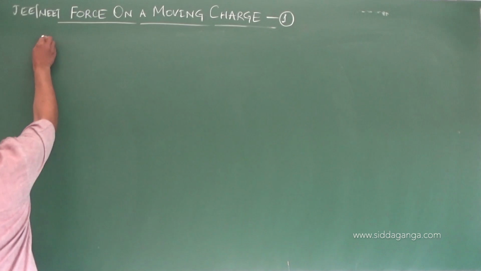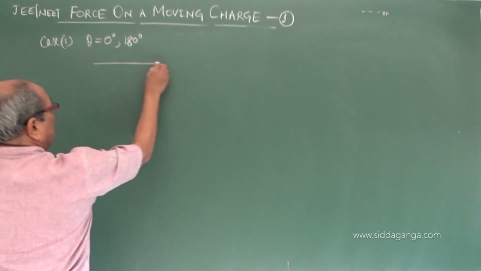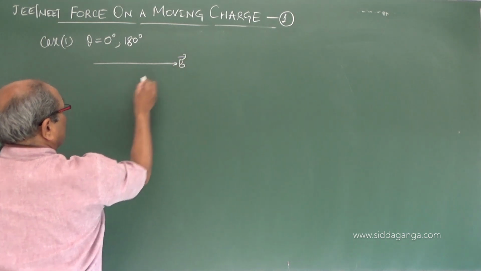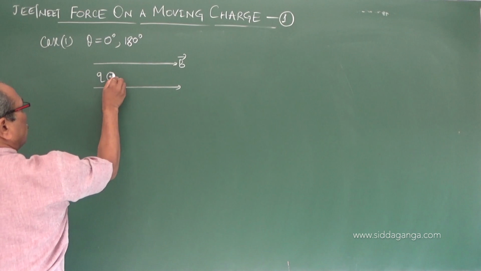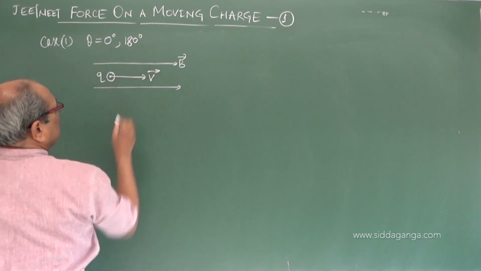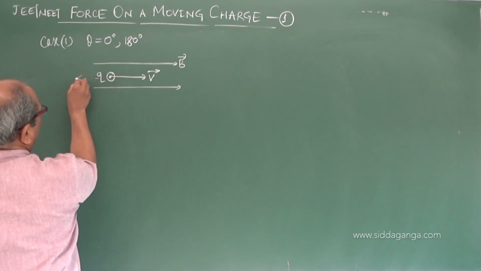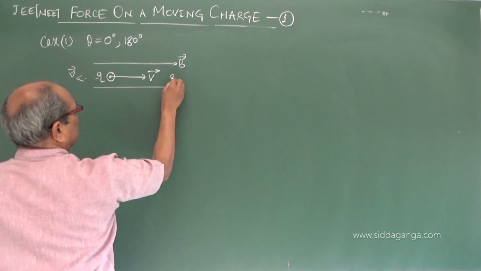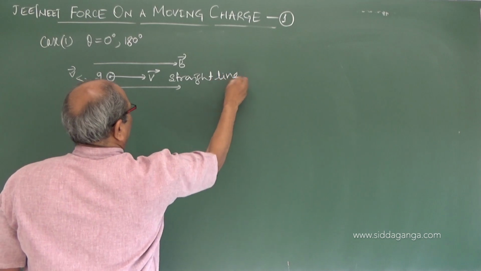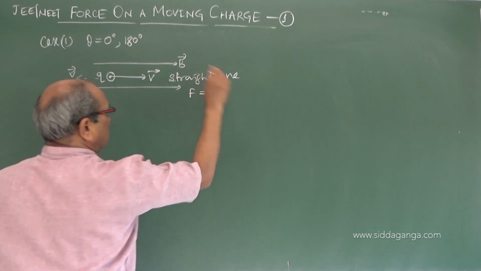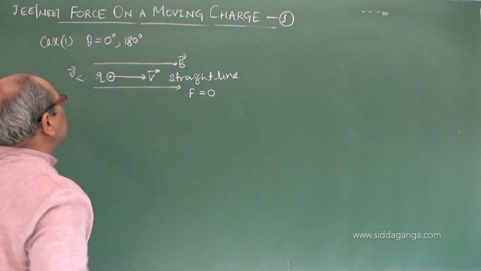So you come to know case 1. If theta is 0 or 180 degrees to the direction of B, when it enters parallel to the direction of B or opposite to the direction of B, the path is a straight line and the force it experiences is 0. That one thing is clear.